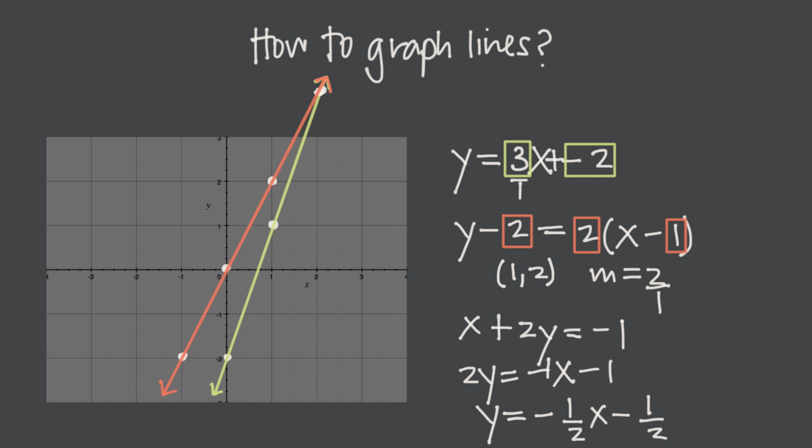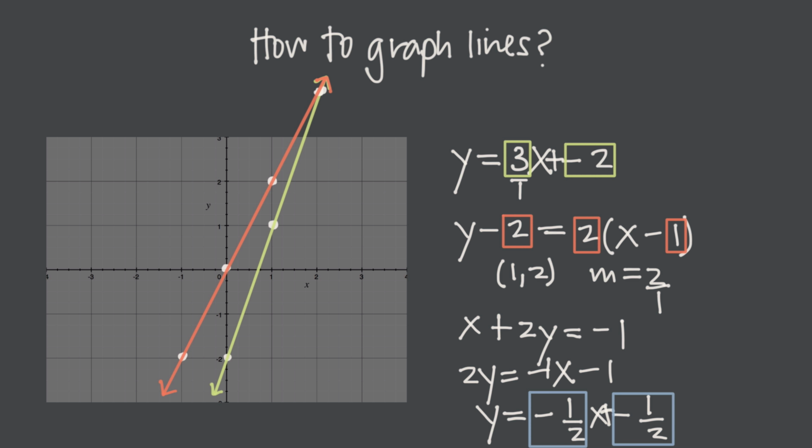Now here, we have slope-intercept form, where the slope is -1/2. Remember, y equals mx plus b, where m is the slope, so m, the slope, is -1/2. And the y-intercept, again, we have to think of this as plus -1/2. So if we say plus here, then -1/2 will be our y-intercept.